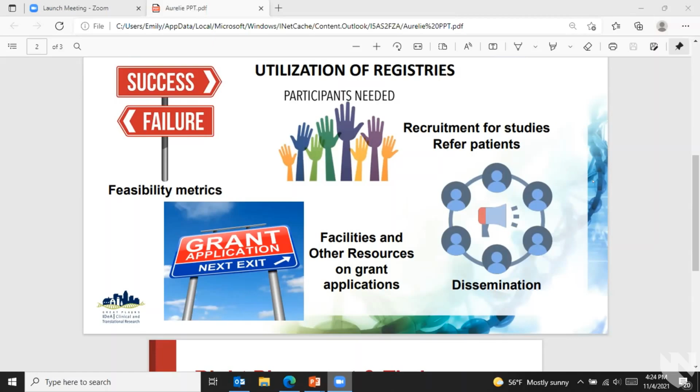It's also obviously a recruitment avenue for different studies, and a way to refer patients to research studies. And then finally, the dissemination component. If you need an avenue to disseminate your findings and share research ideas with the community, doing so through a patient registry is a great way to notify individuals who are interested in research of what's happening. I just wanted to tie this into what we'll be talking about later with dissemination.